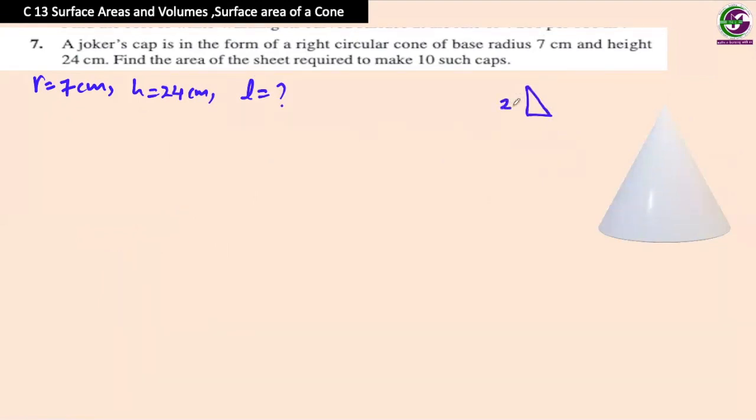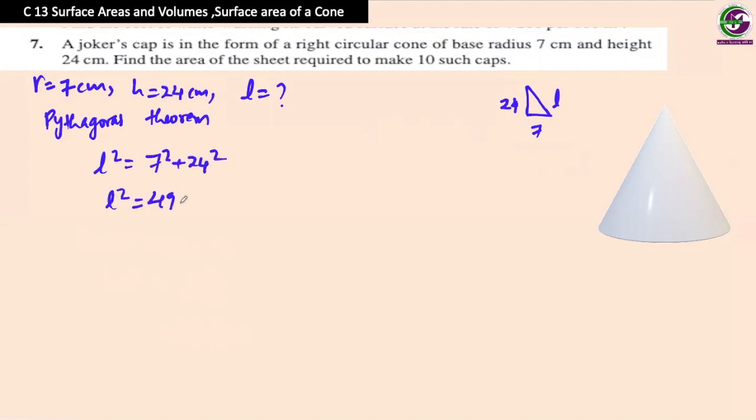Height is 24, 7 and L. So by Pythagoras theorem, L square is equal to 7 square plus 24 square. So L square is equal to 49 plus 576, which is 625. Therefore, L is equal to 25 when you take the square root on both the sides.